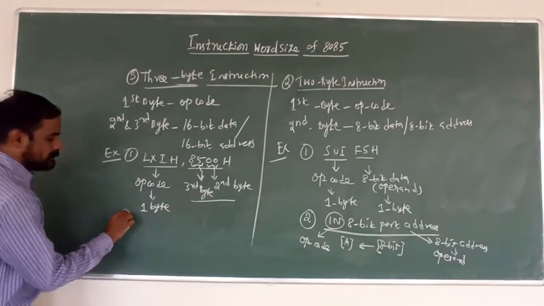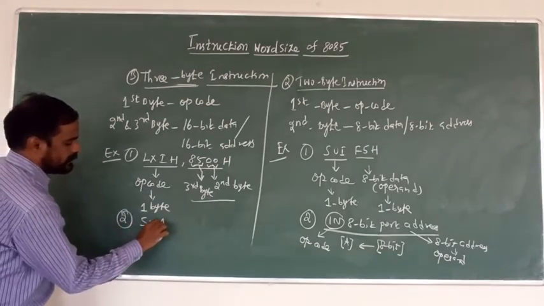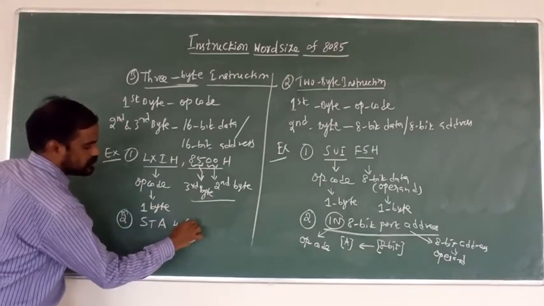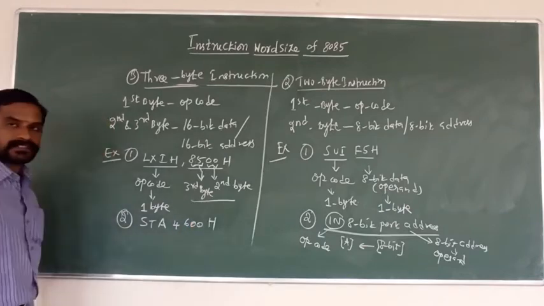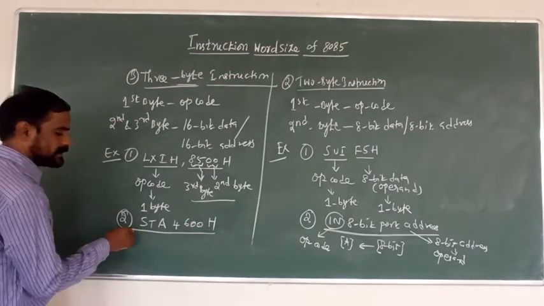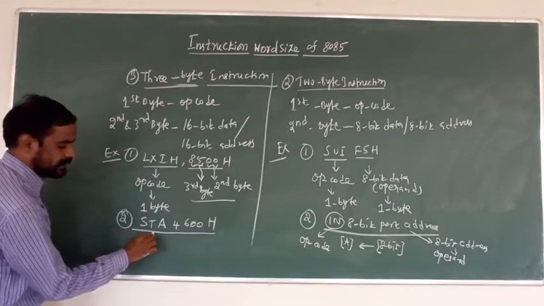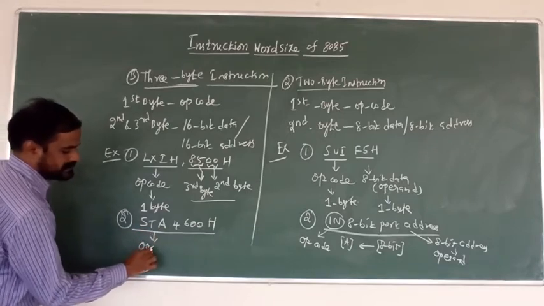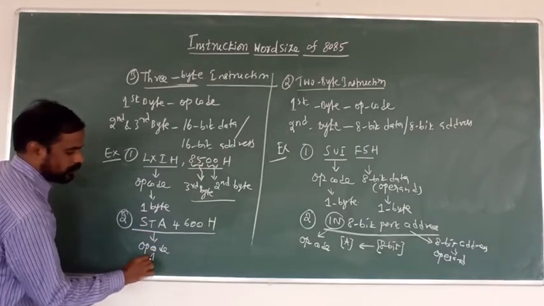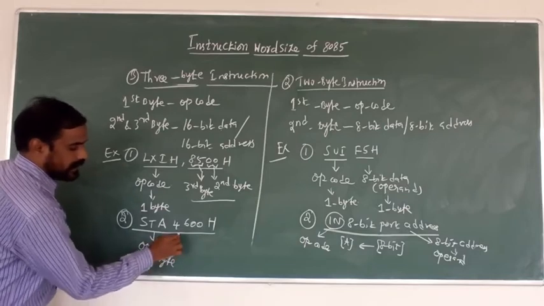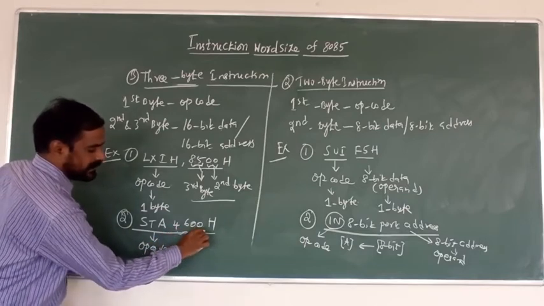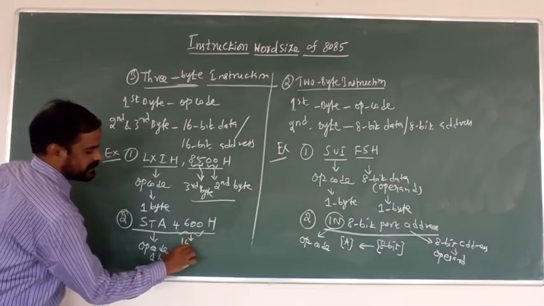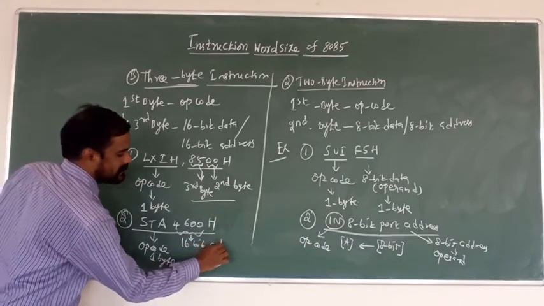Second example, STA 4600H. This is also a 3 byte instruction. STA is the opcode, a single byte, and 4600H is the 16-bit address.